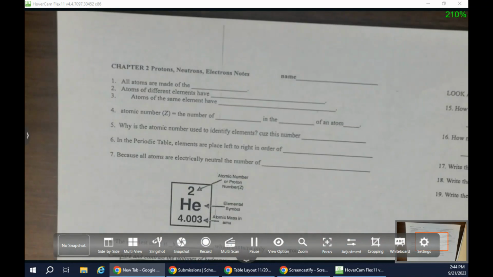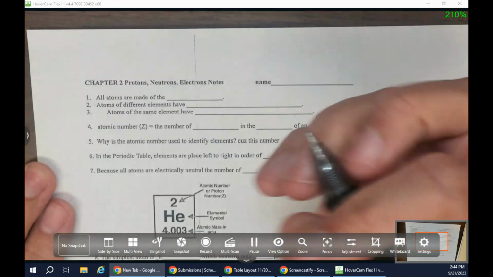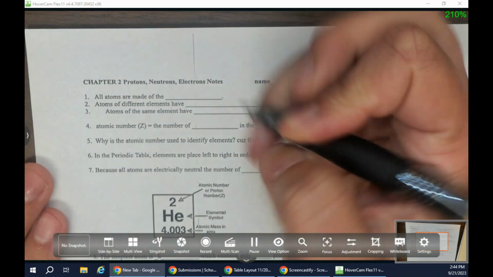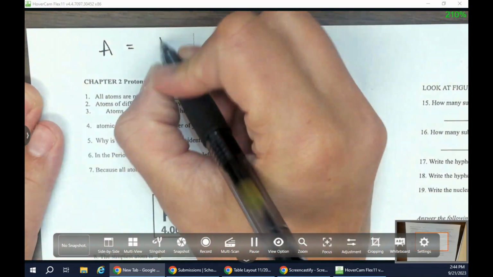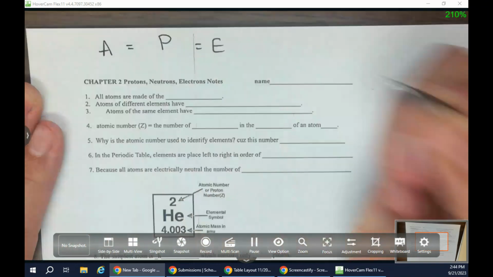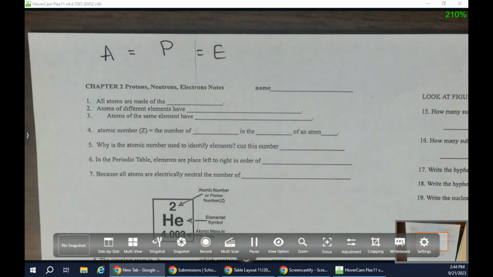All right, so like I was saying yesterday, back in middle school, you guys have seen something called Eight Man. A equals P equals E was what you had for it.